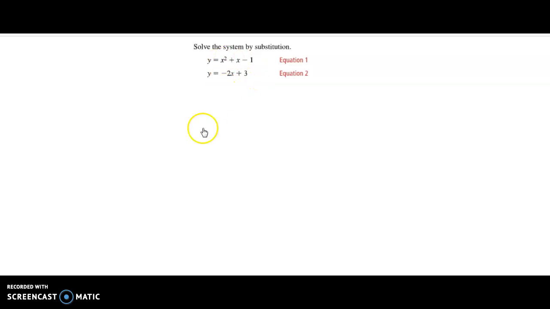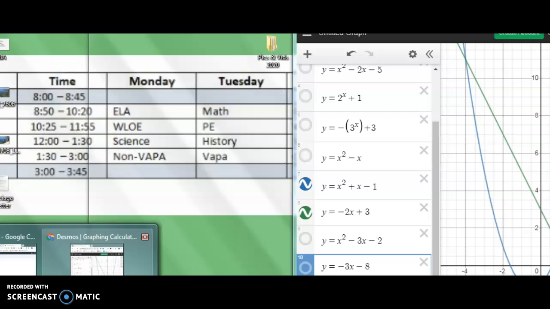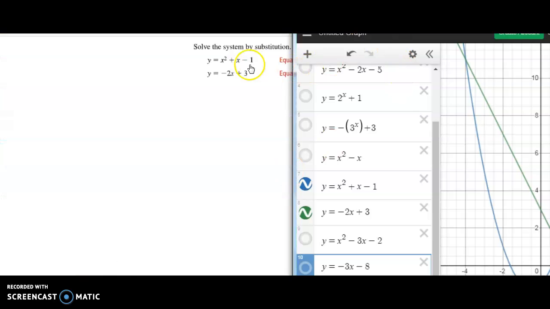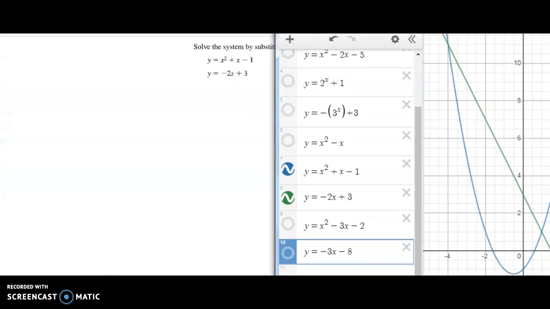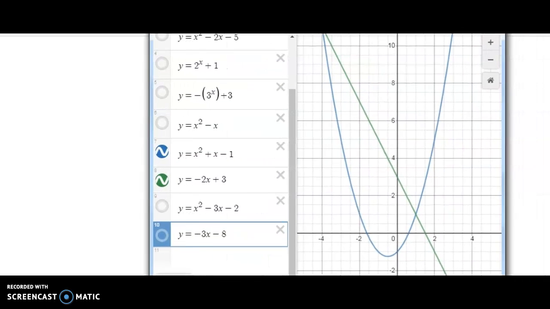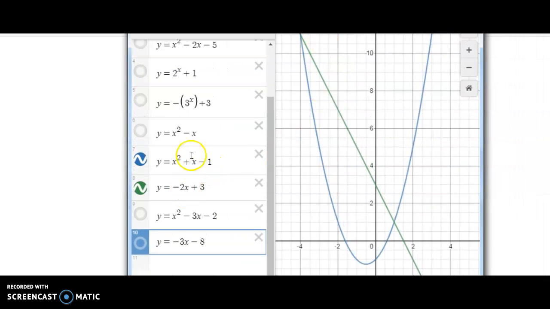Before we start solving it, let's go back to our decimals and see what answers we're expecting to get. Okay, so these are the two equations that we are going to solve by using the substitution method.